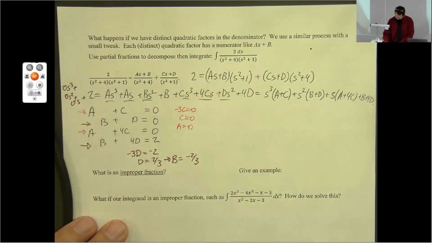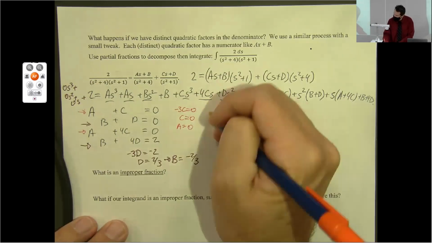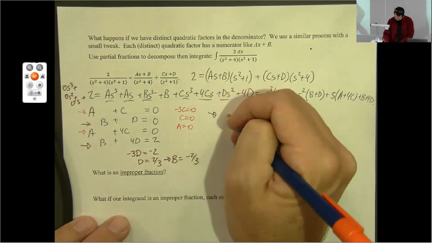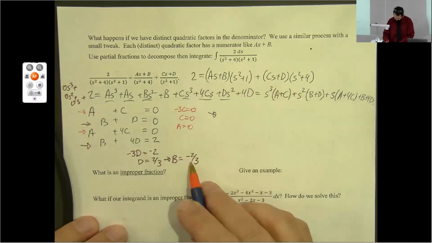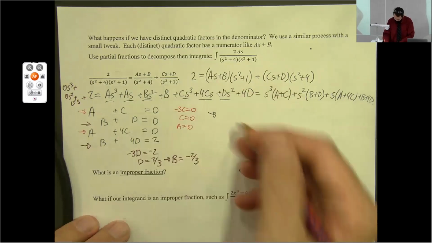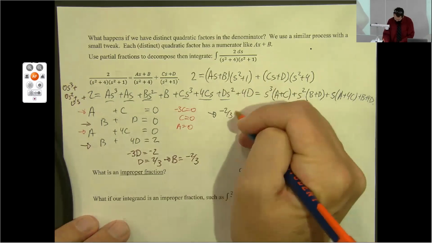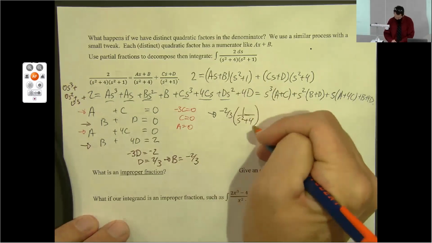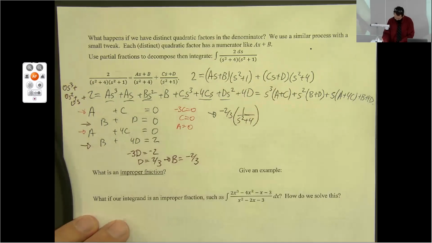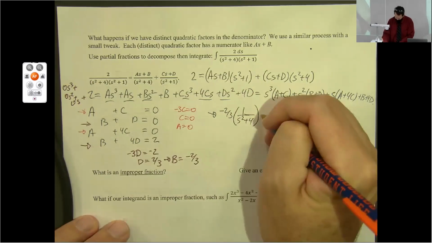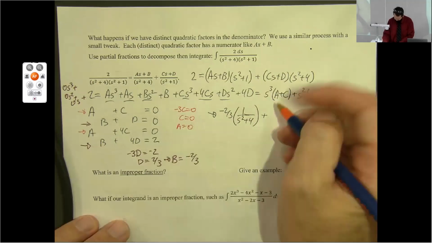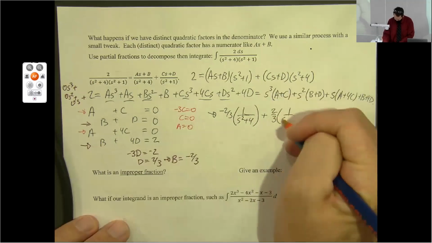So what do we got? We've got A is 0, B was negative 2/3, so we'd have negative 2/3 times 1 over s squared plus 4, plus C is still 0, and D is 2/3 times 1 over s squared plus 1.